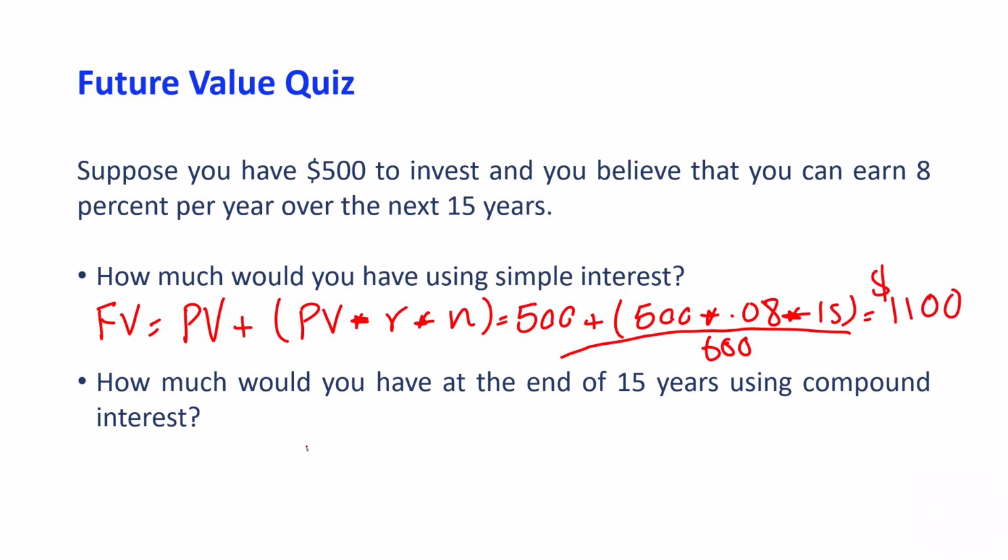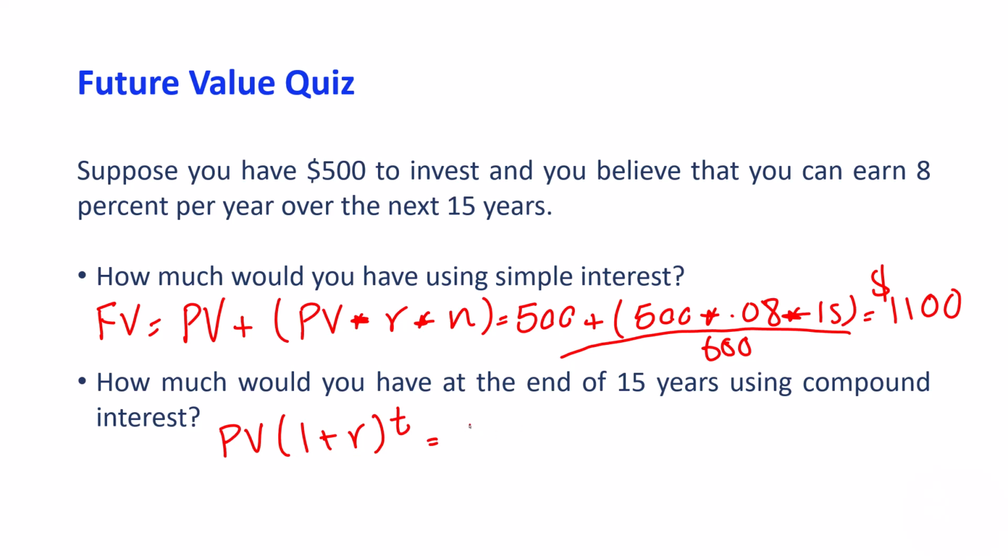So how much would you have at the end of 15 years using compound interest? So we have present value times 1 plus the rate raised to the power of t.